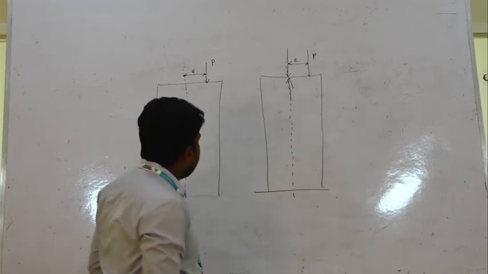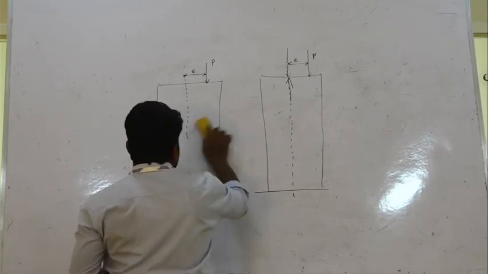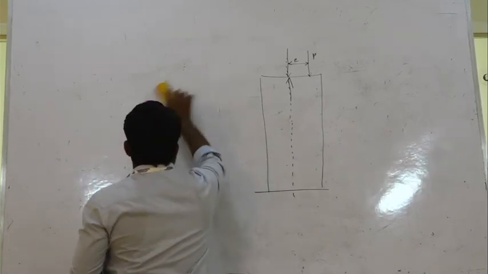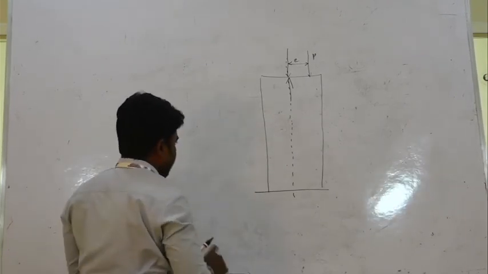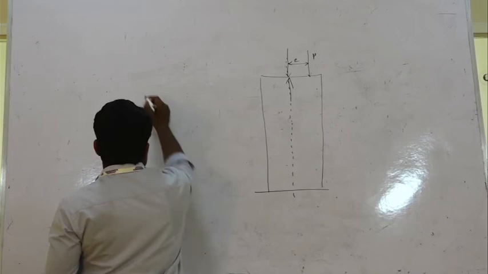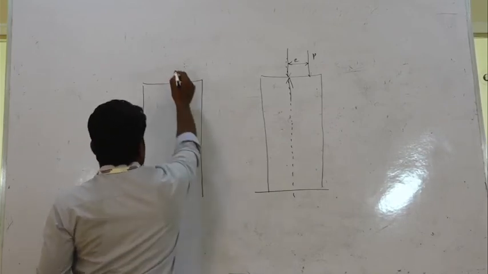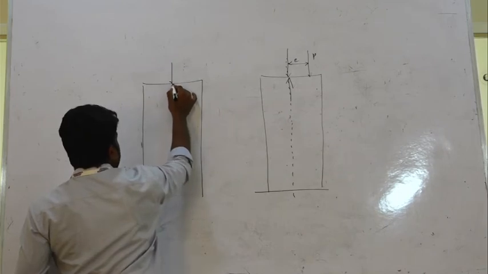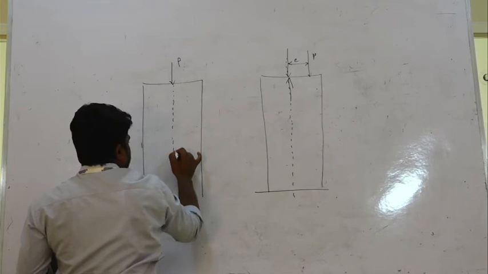These three loads are split into separate forms. How is it split? First, it is the axial load P.